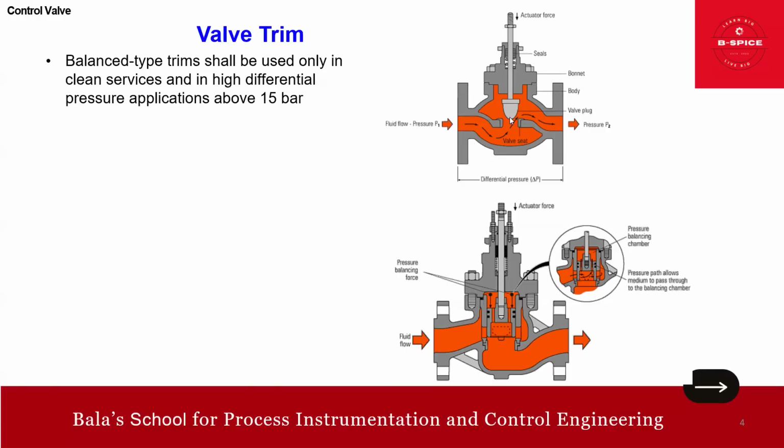So here the shut-off capability, it has a better shut-off because there is no hole, so the unbalanced trim has a better shut-off capability because there is only one leakage path. What is the leakage path? This is the one, plug and the seat. So that is why it has a very better shut-off capability. So if it is for a shut-off requirement, we have to go for this unbalanced. You got it, friends? Good.